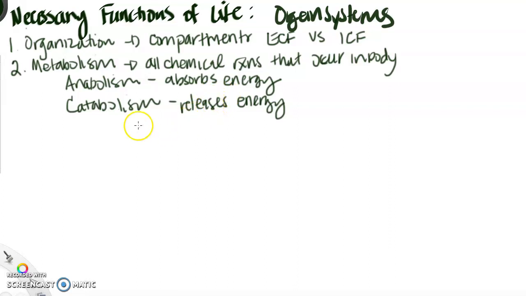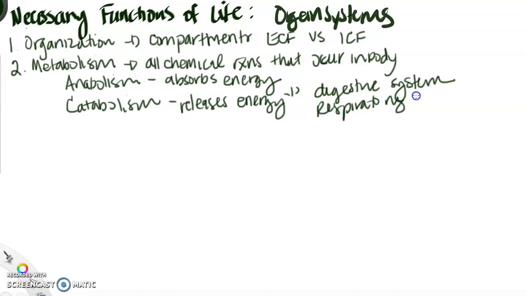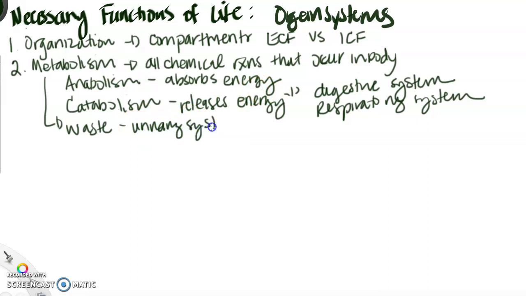We do that through the digestive system, because we have to break down food, and the respiratory system, because we need oxygen. We also need to get rid of CO2, and that brings us to wastes. Metabolism creates waste. So we use things like the respiratory system to get rid of that. We can breathe out CO2. We've got the urinary system that can get rid of wastes as well.